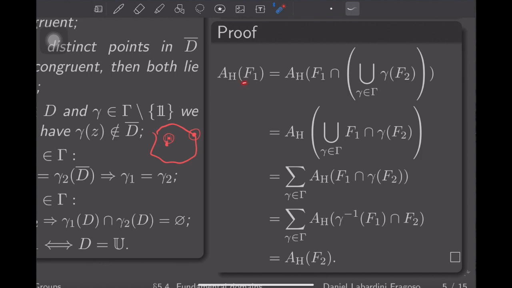So F1 can be expressed by simply the part of F1 that lies in those gamma translates. So this is just the equality between whatever is inside, and then the distribution, right? F1 intersect a union is just the union of the intersections. So somehow the De Morgan laws.